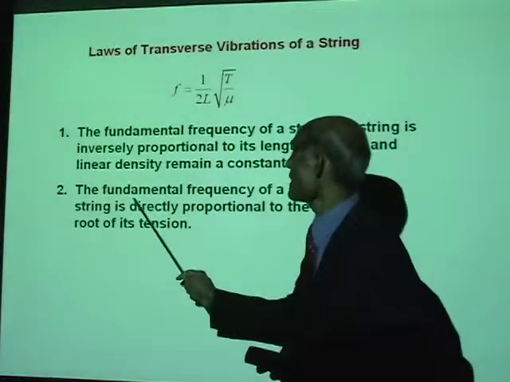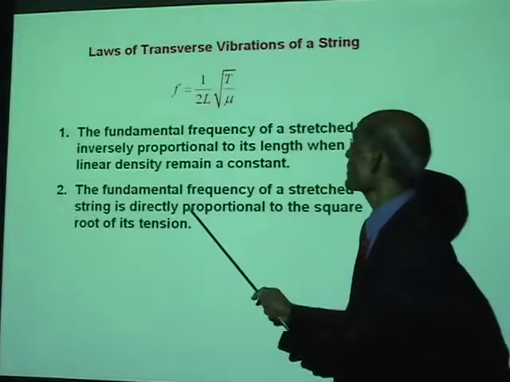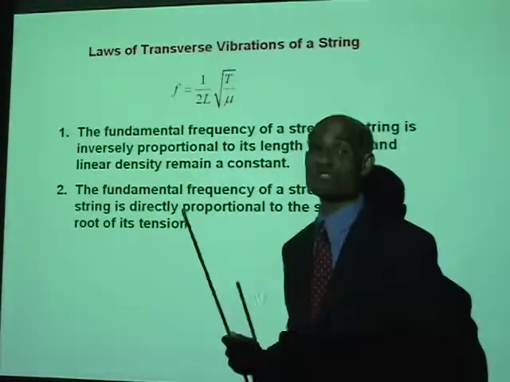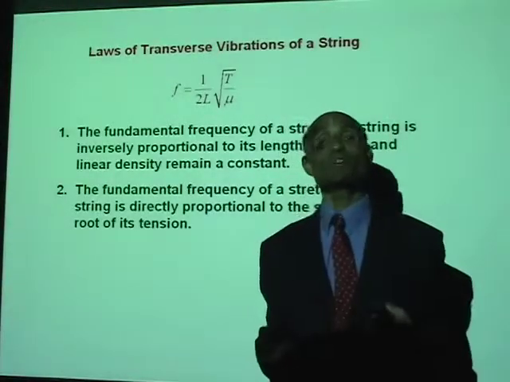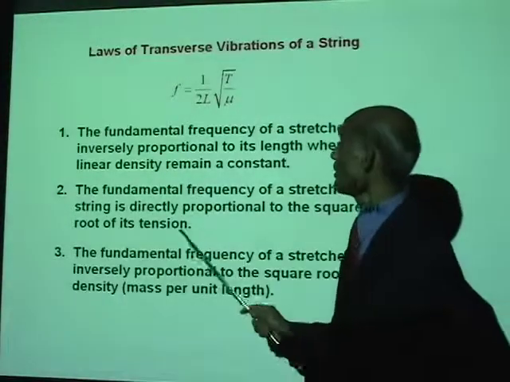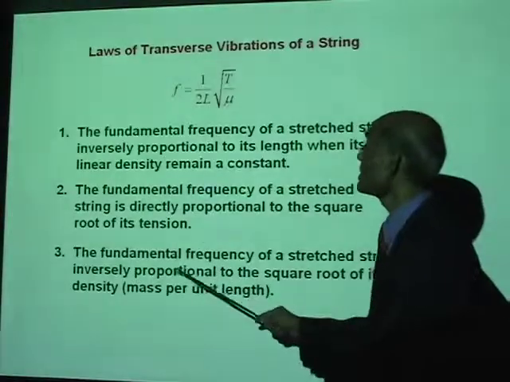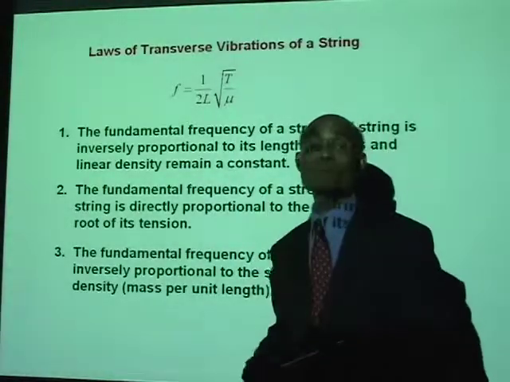Second law: the fundamental frequency of a stretched string is directly proportional to the square root of its tension when the length and mass per unit length are constant. And the third law: the fundamental frequency of a stretched string is inversely proportional to the square root of mu.